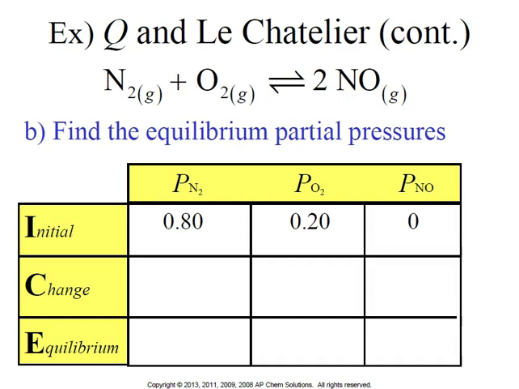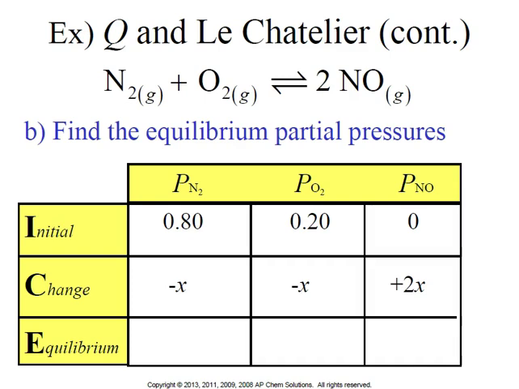We're going to have negative x for our reactants, and then plus 2x for our product, because every time we use one nitrogen and one oxygen, we'll make 2 NOs. Our goal here is to find the equilibrium partial pressures for all 3 of those, so we need to figure out what x is.